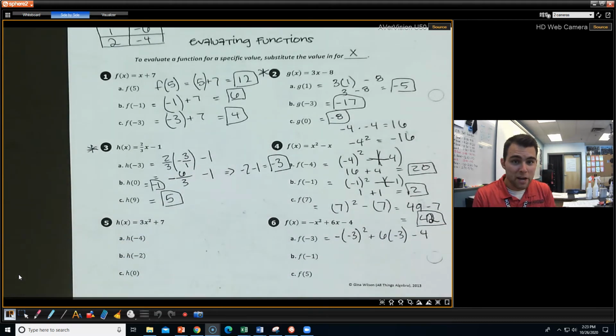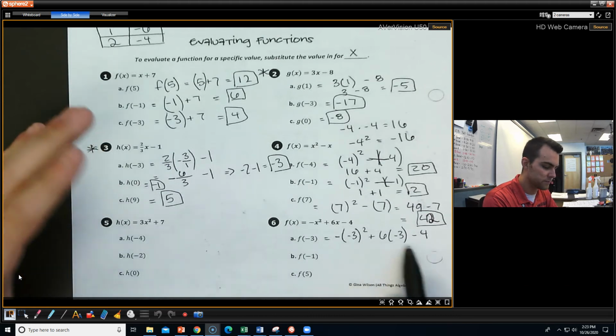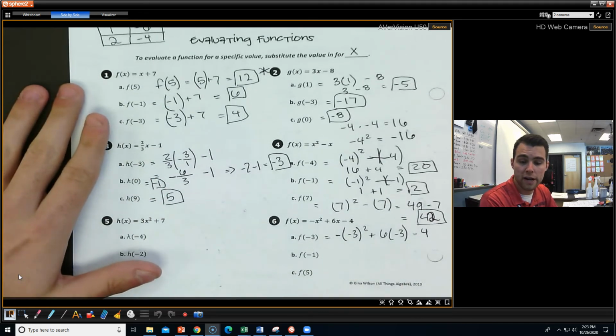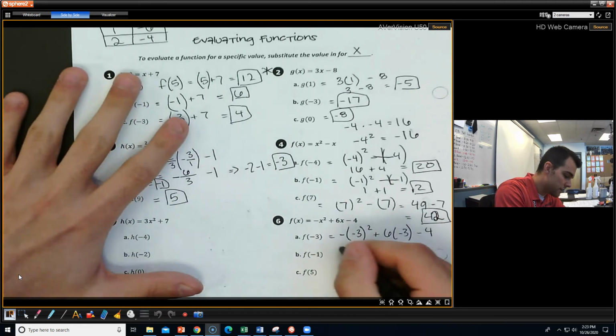Now, this is where PEMDAS comes in handy, your order of operations. So PEMDAS is parentheses, exponents, multiplication, division, and then addition, subtraction. Okay, so let's do our parentheses first. Can't do much with that. Exponents. I got negative 3 squared. Negative 3 times negative 3 is a positive 9. Okay?